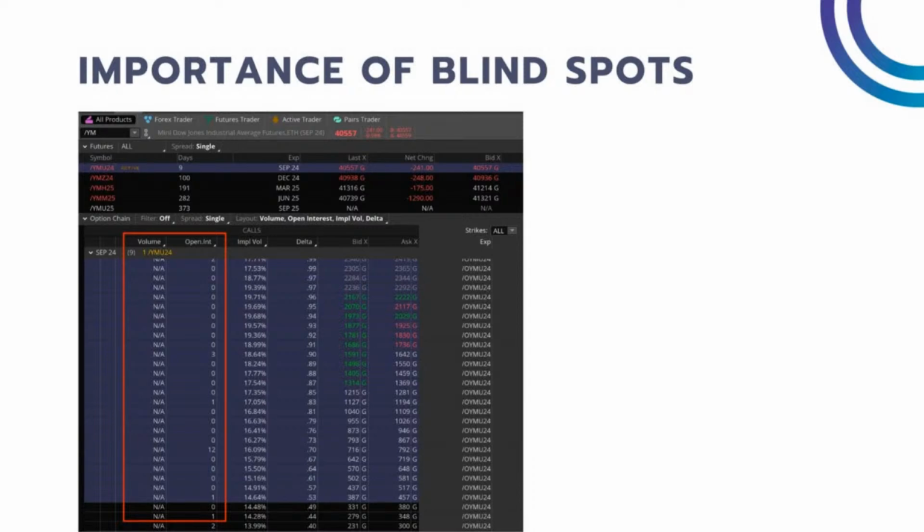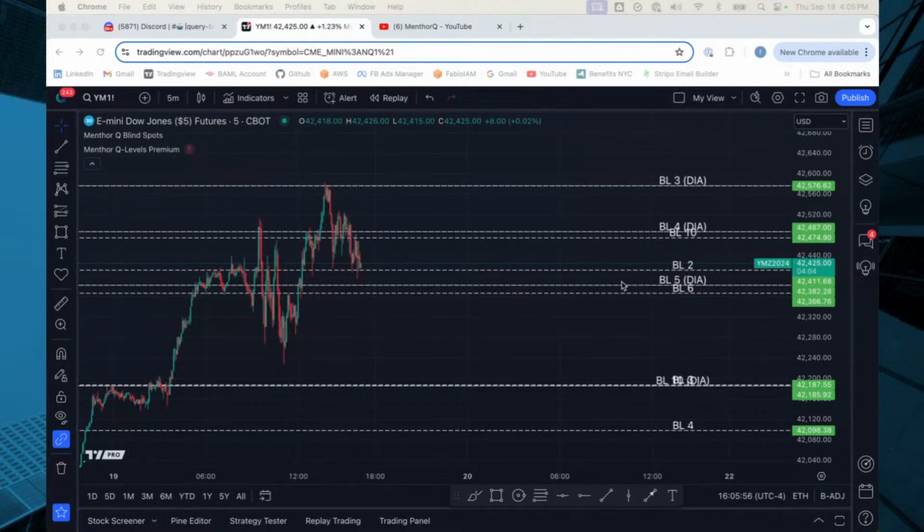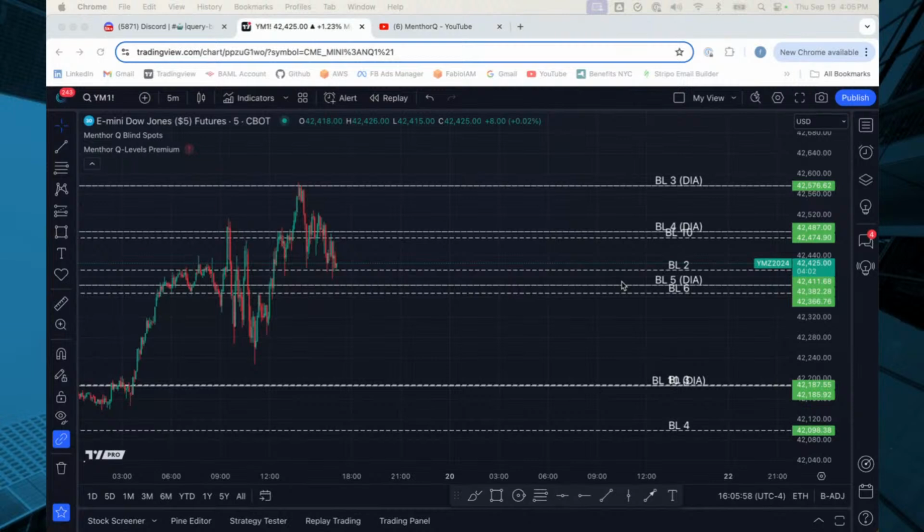So how can we then use gamma levels, looking at option flow, to potentially trade the Dow Jones? That's why we can now do that with blind spots, because if the S&P 500 moves, the Dow Jones will move. And if the DIA, the ETF following the Dow Jones, moves, suddenly the Dow Jones moves with it.